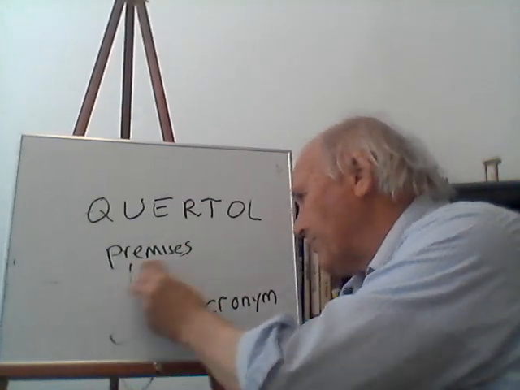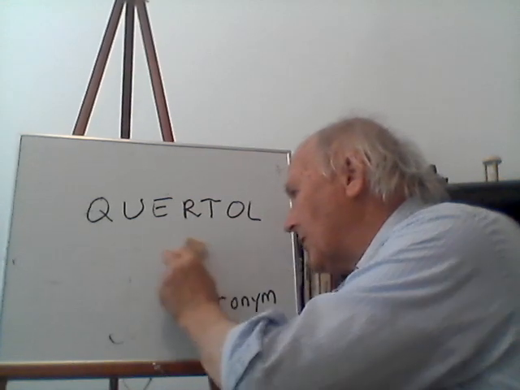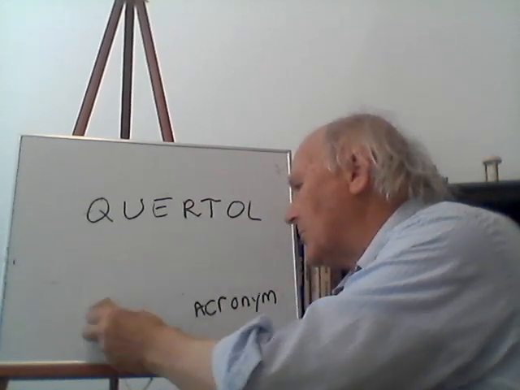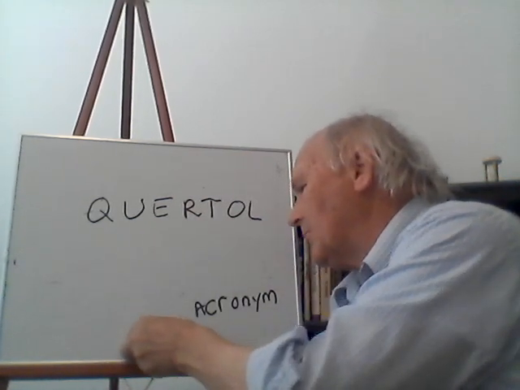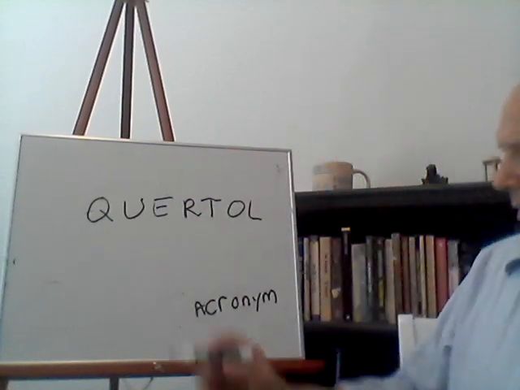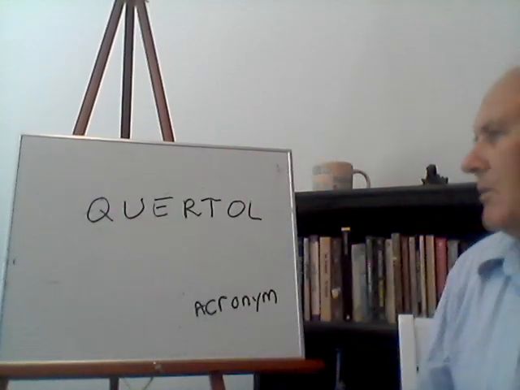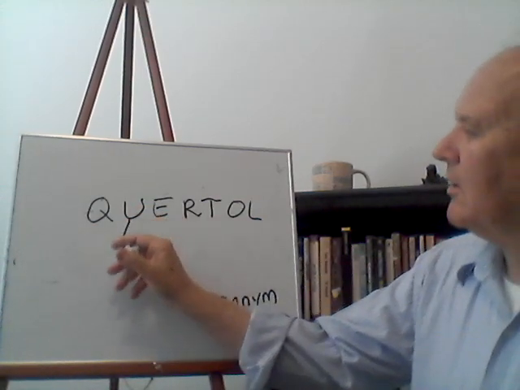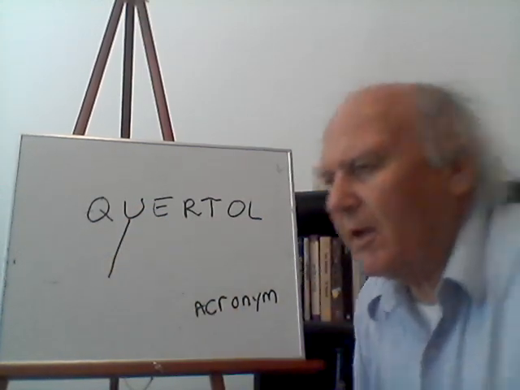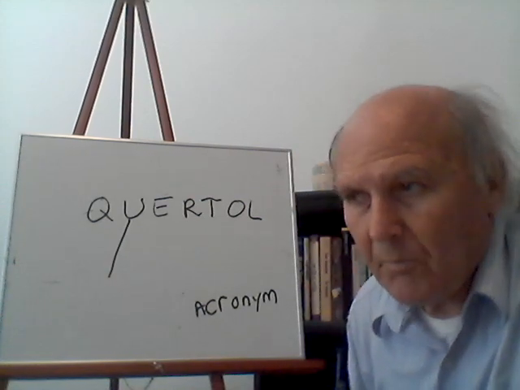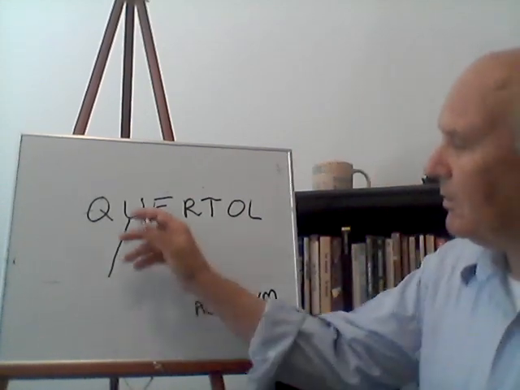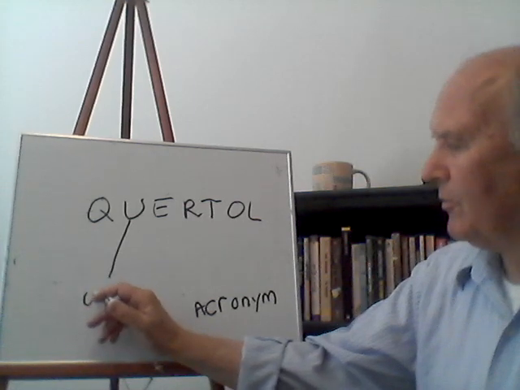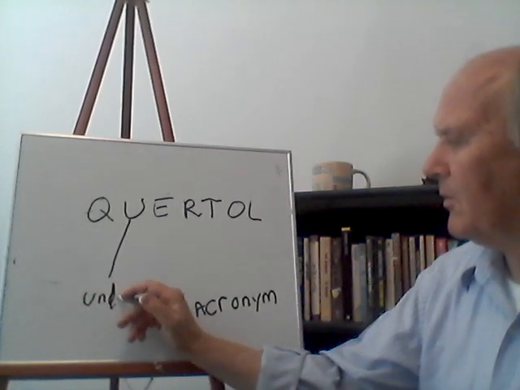Okay, so what are the 7 tests that you can apply to any argument to see whether it's a good argument? I won't start with the Q, I'll come back to that a little later. I'll start with the U. For an argument to be good, it has to be written clearly, so people can understand you, what your argument is.